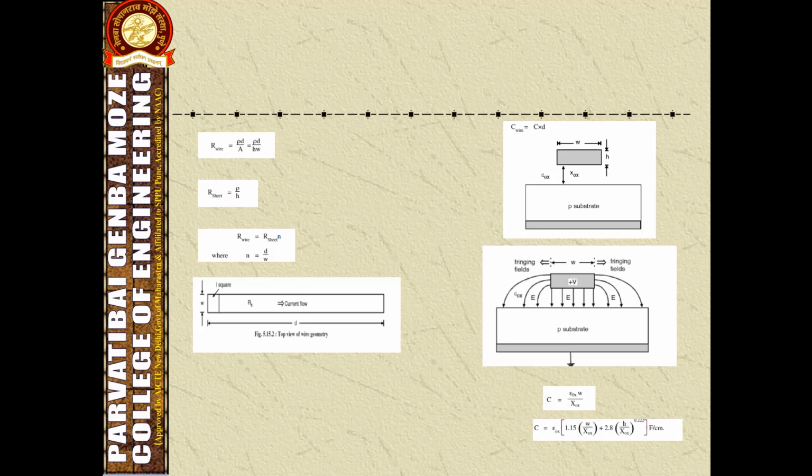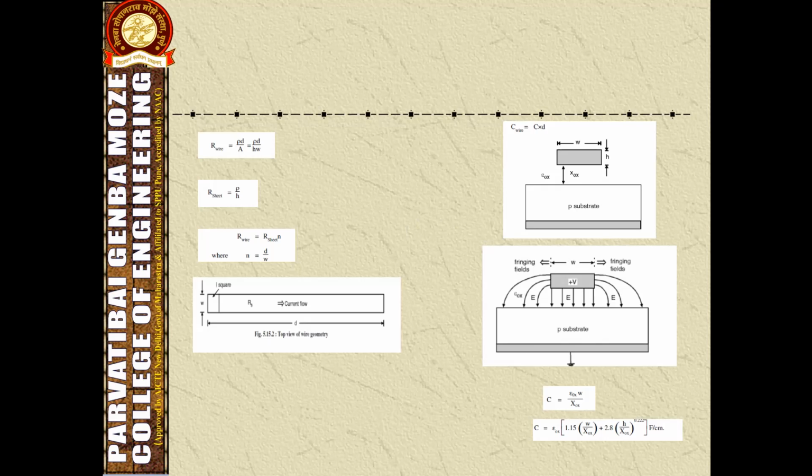Therefore, the value of capacitance is higher when including the fringing field shown in this figure. In the second figure, here we can see the fringing fields. So this is all about the wire capacitance.